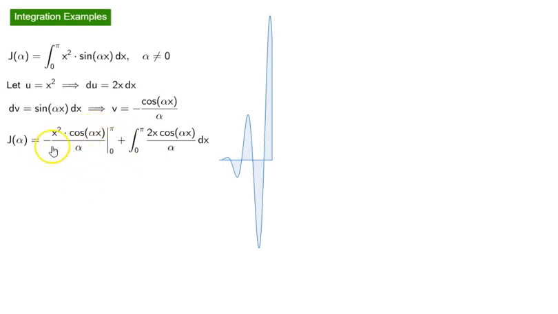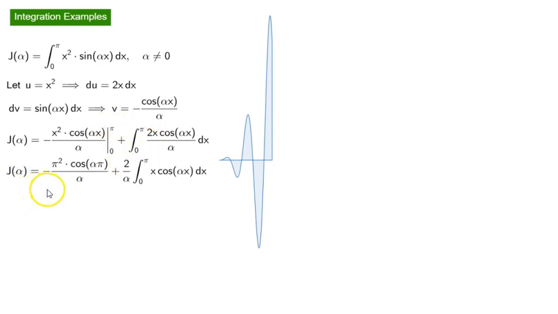So we get minus x squared times cos alpha x by alpha from 0 to pi, plus the integral from 0 to pi of 2x cos alpha x by alpha dx. Remember, the formula is uv minus the integral of v du, and for the definite part, we establish the limits here.